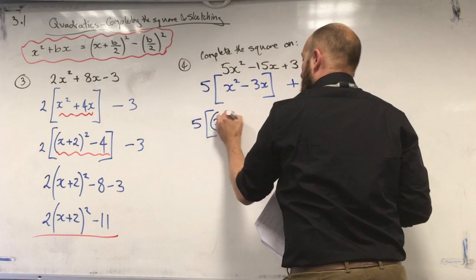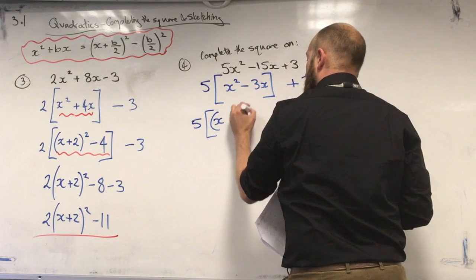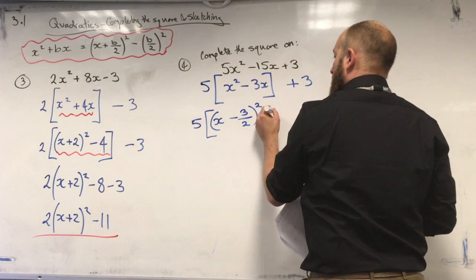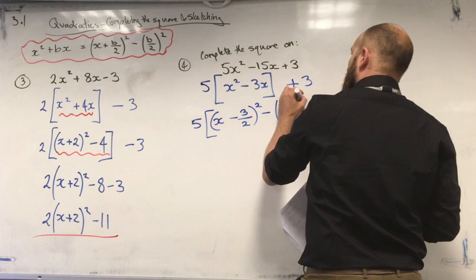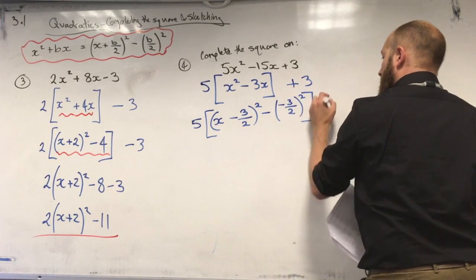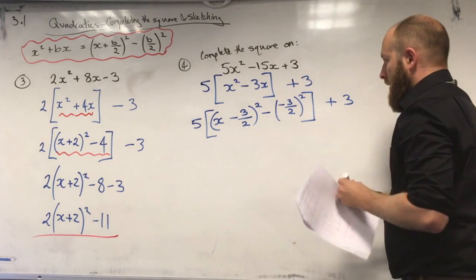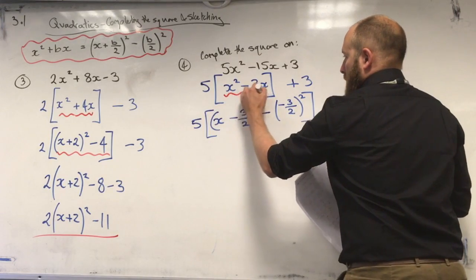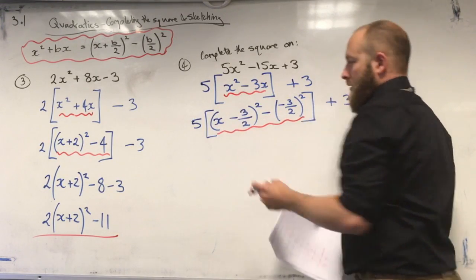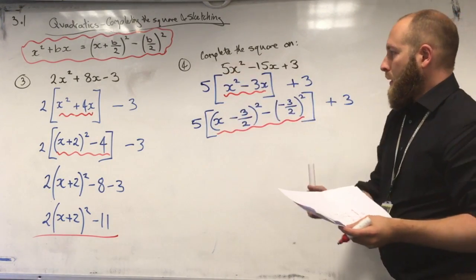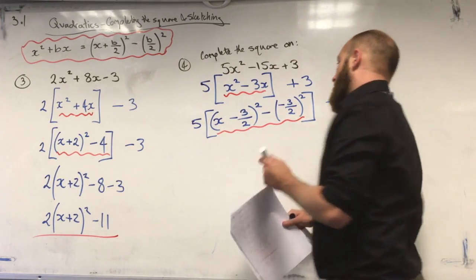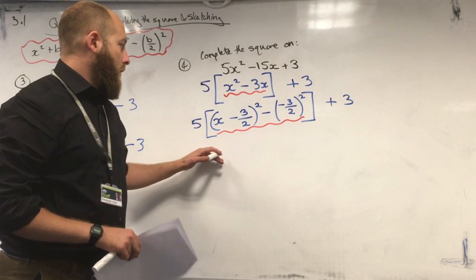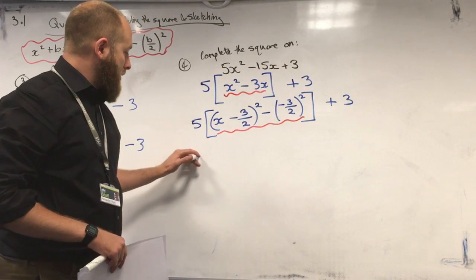So we're going to get minus 3 over 2 squared minus 3 over 2 squared, close brackets, plus 3. So again, that is what we have completed the square on, if you like, using our equation over there. Okay, now we can simplify this. So let's sort out this bit first.